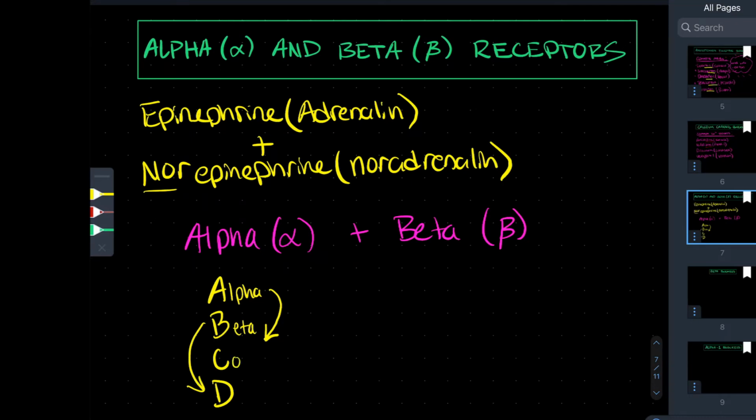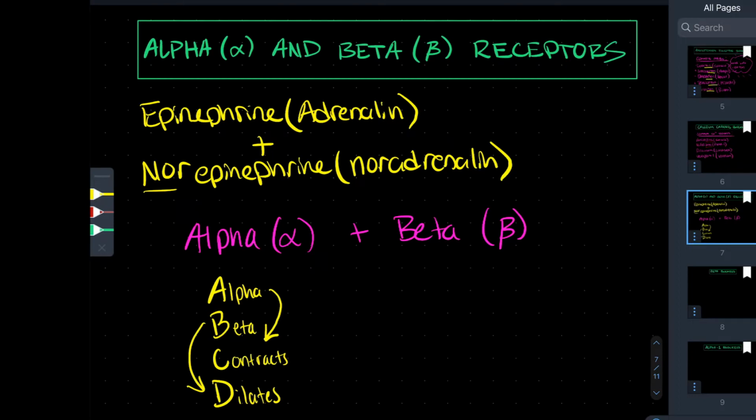So alpha contracts, beta dilates. This is super useful because I can't think instinctively sometimes, especially when I first started, about what alpha and beta receptors did. But once you think alpha contracts and beta dilates.